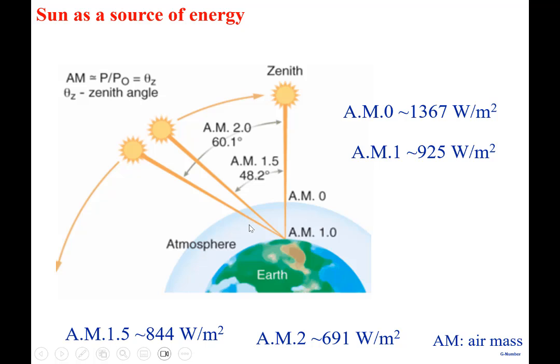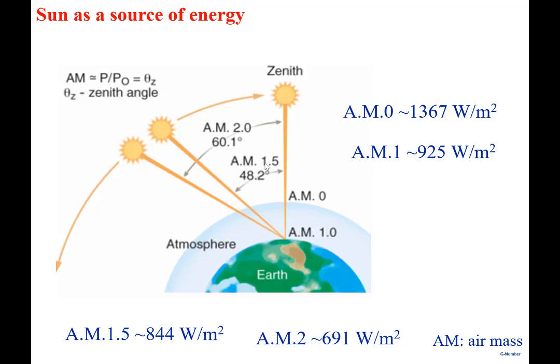So when you're characterizing a solar cell, in order for standardization to occur, people normally quote the solar cell as characterized under air mass 1.5. Most solar cell data that people quote assumes that the solar radiation falling on the solar surface is AM 1.5.